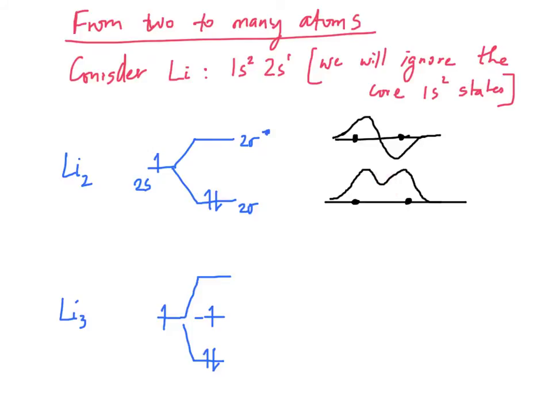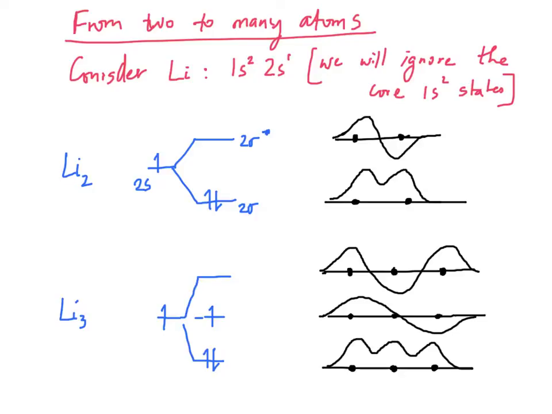There's accumulation of charge in the bond center. Likewise, this is the molecular orbital corresponding to the 2 sigma star antibonding orbital, and of course there is a depletion of electronic charge at the bond center. In fact, there is a node. We have already seen this before. We're going to make similar plots for the lithium 3 trimer now.